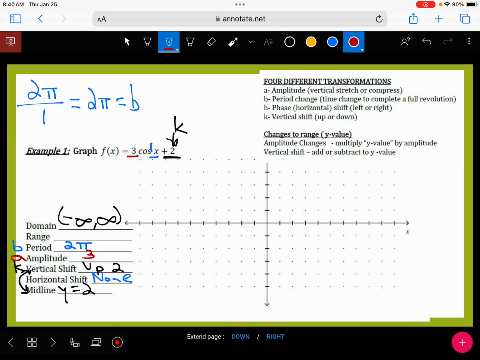So when we're graphing cosine, we know it starts at the top. The way we show the top is k plus a. And then it drops down to k. And then it drops all the way down to its minimum, or k minus a.